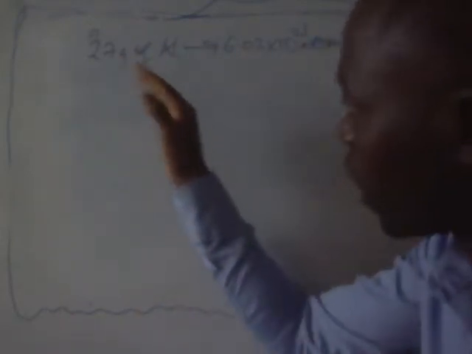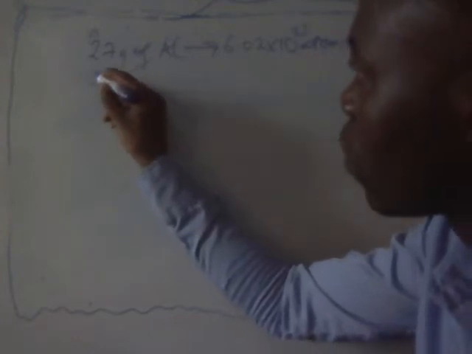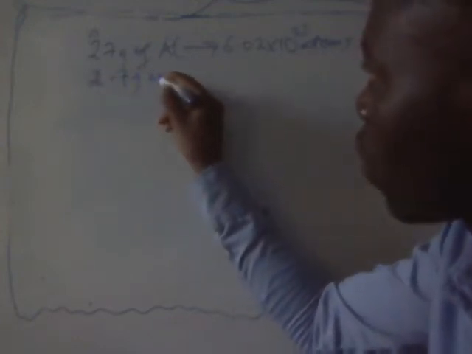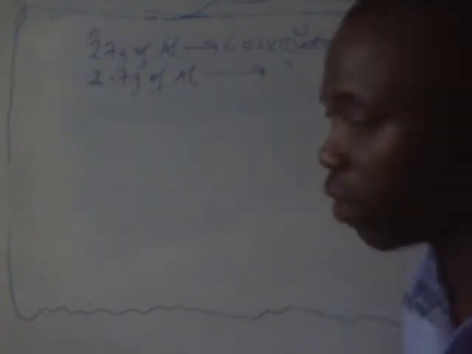Grams is here, atoms is here. So you put the 2.7 grams where grams is. So 2.7 grams of aluminum will contain how many atoms of the element? This question mark, you can put X here, any alphabet of your choice.